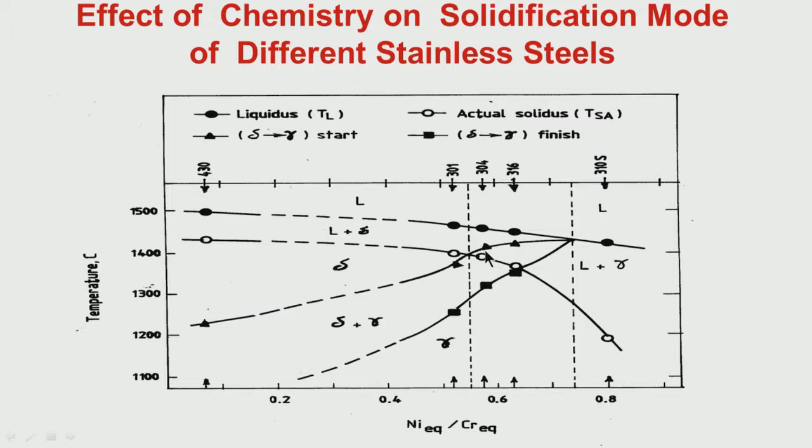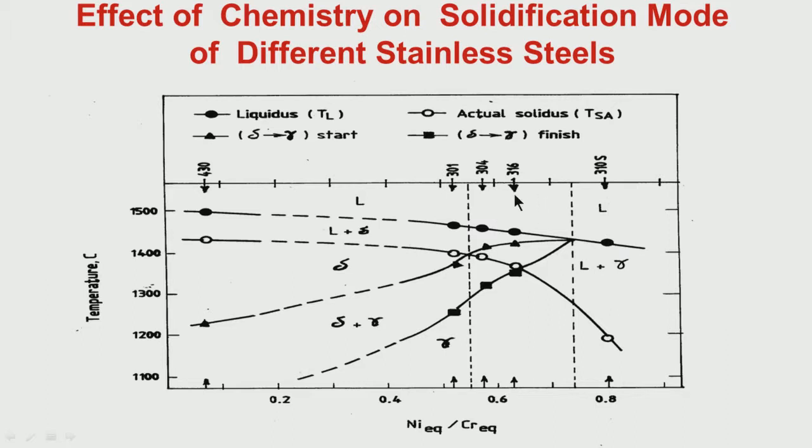When the solid fraction is about 0.8, delta to gamma has started transforming. So again, it is like around 0.1% carbon only. That means in 304, delta to gamma transformation takes place towards the end of solidification. And what is the end of solidification? That region is the brittle temperature region. So we have to be careful about this particular grade of stainless steel.